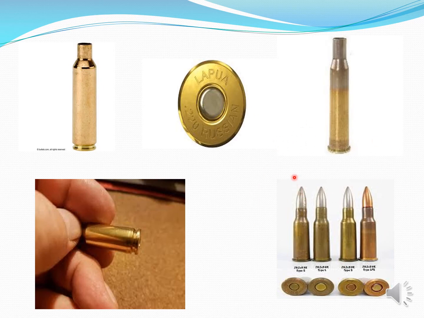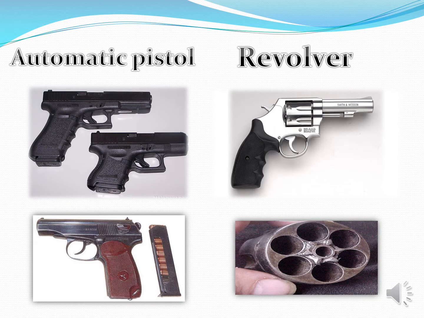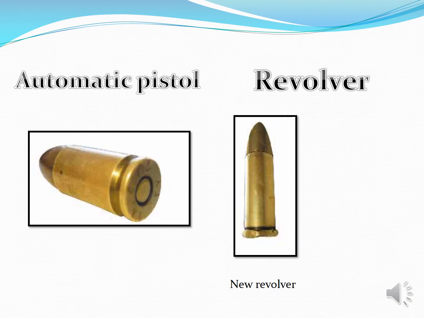Another type of firearm weapon, rifled weapon, is the automatic pistol, like this. What is the difference between automatic pistol and revolver?